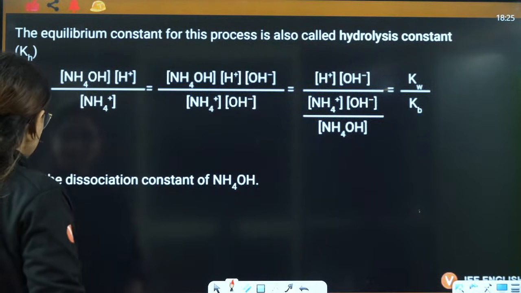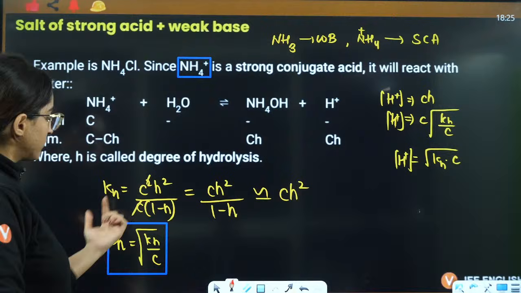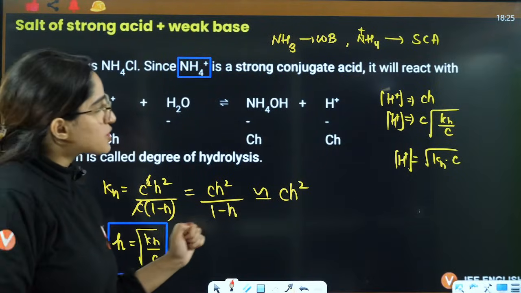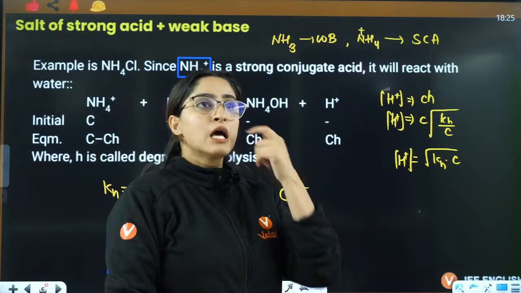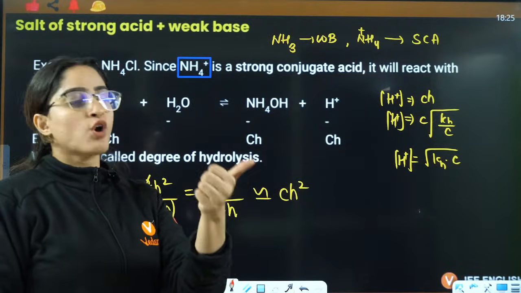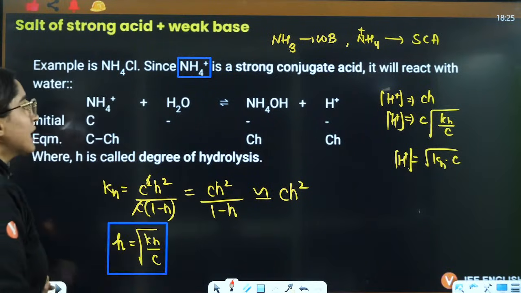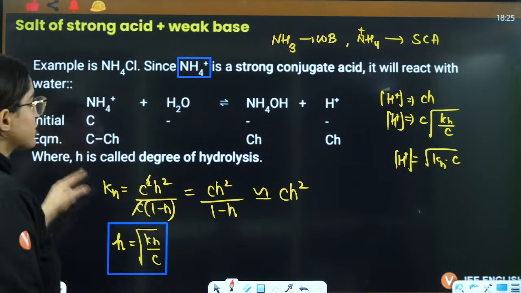Now, Kh we have calculated earlier in terms of Kh and C, and H positive also we have calculated here. But let's now focus on Kh in terms of Ka, Kb and Kw. What is Kh?